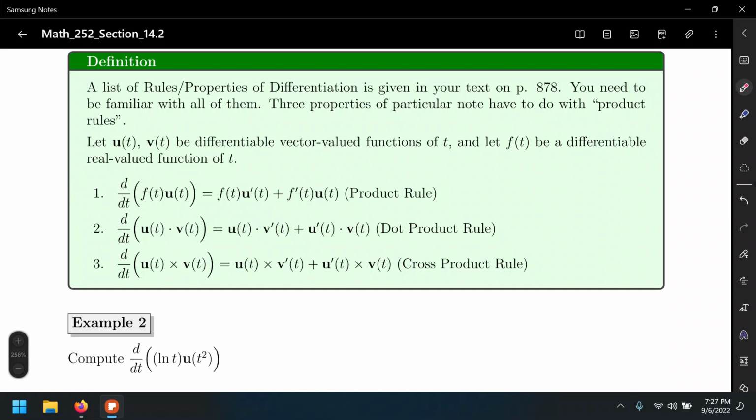That's just a regular product rule. Then we have the derivative of a product defined by a dot product. So in this case, that's the dot product rule. And when we have 2 vector valued functions by the cross product, that's the cross product rule. But essentially, it's the same mechanics. It's just how we perform the product between the 2 vectors, or like in case number 1, a scalar function times a vector function.